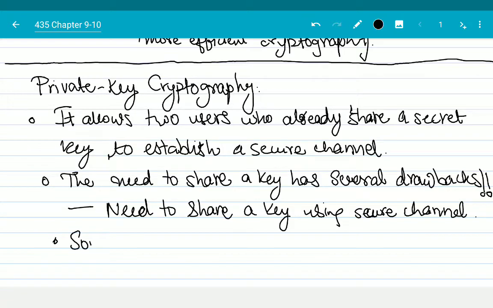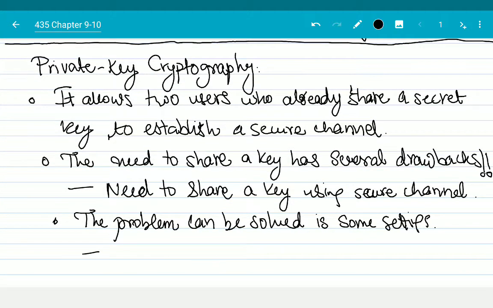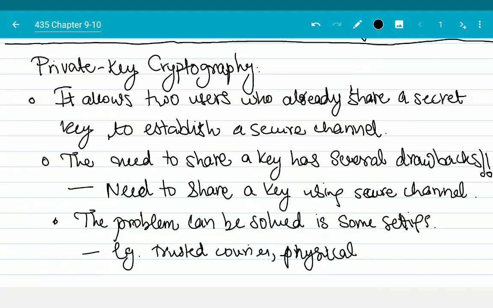Some of these problems can be solved in some settings. For example, having a trusted courier, as in the Kremlin phone, or physical proximity, shared beforehand and everything.